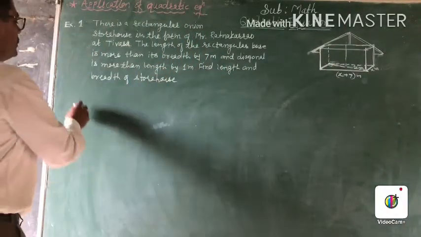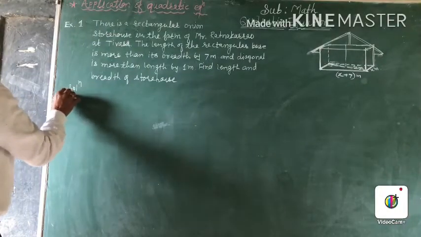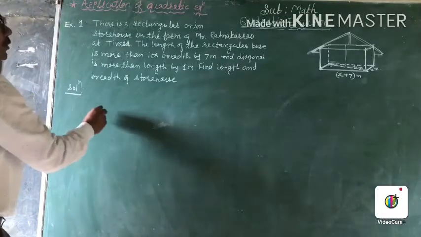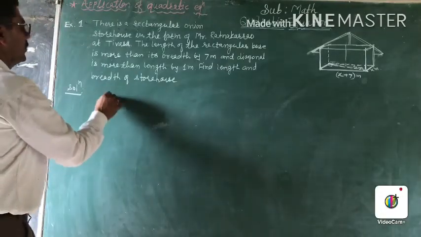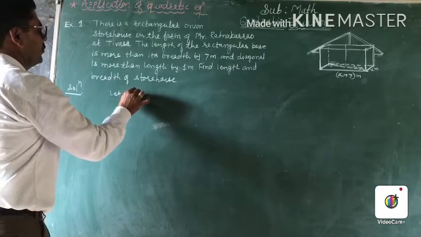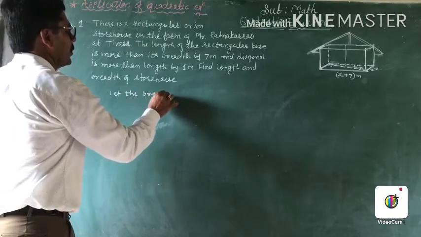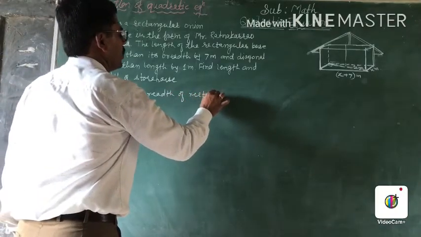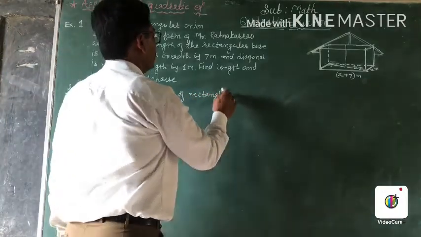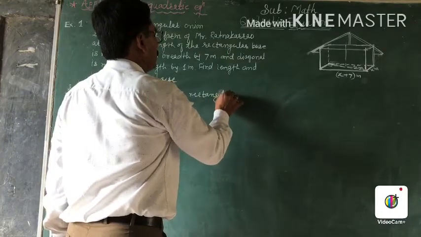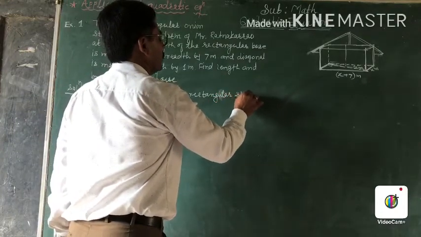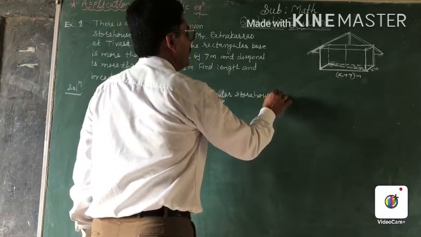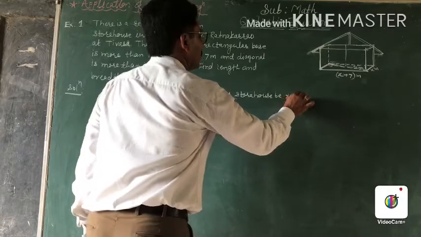Therefore, from this we solve this example. First we consider, let the breadth of the rectangular storehouse be x meter.